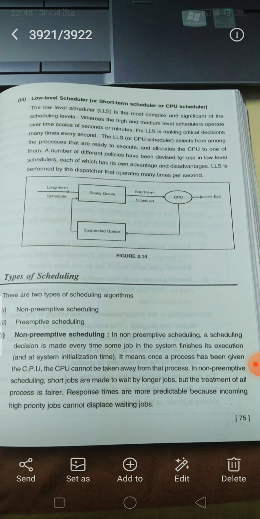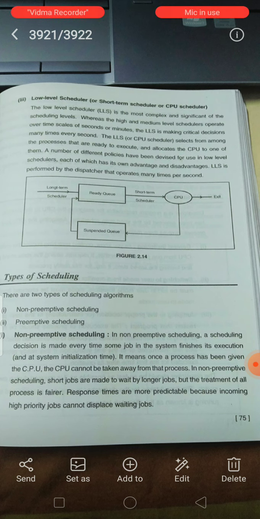First, non-preemptive scheduling. In non-preemptive scheduling, a scheduling decision is made every time a job in the system finishes its execution, and it means once a process has been given to the CPU, it cannot be taken away from that process.